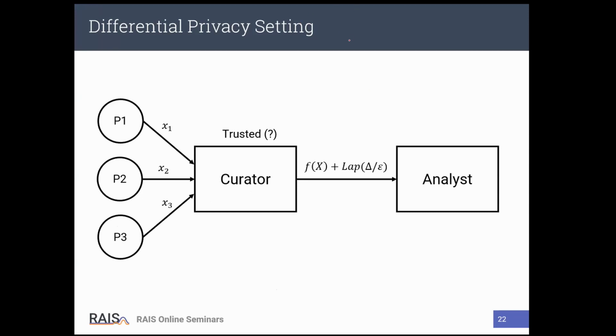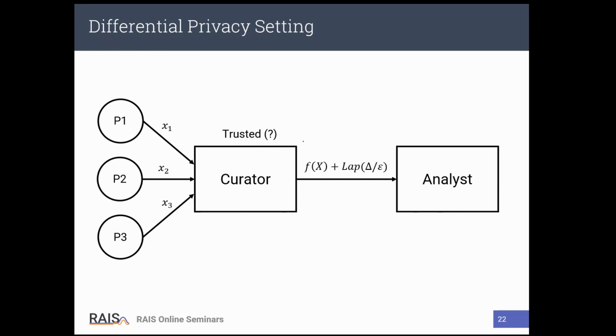So this is our differential privacy setting that we described before. Basically, there are these users that send their data to a trusted curator, and then this trusted curator is in charge of sending this noisy query result to the analyst, so he can do whatever he needs to do with the result of this query.